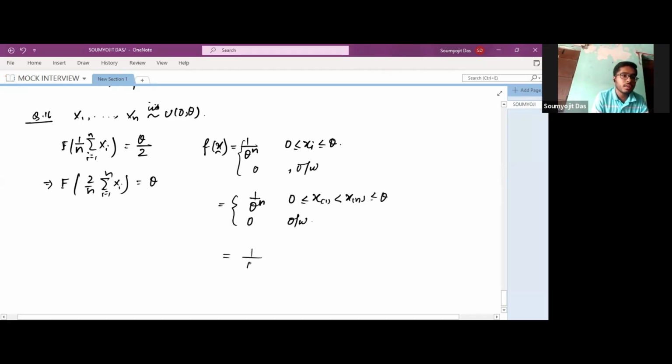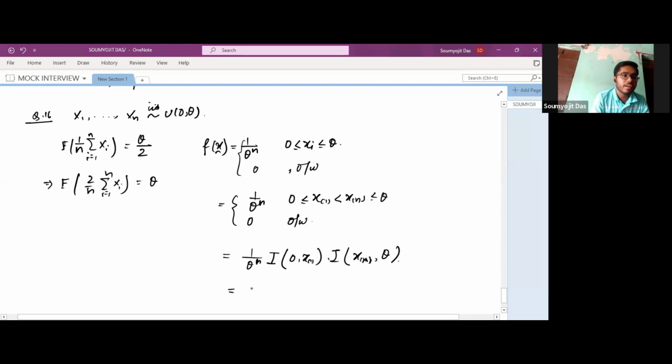So here we can construct two indicator functions: first, I of 0 comma x order 1, and the second one as indicator of x order n comma theta.